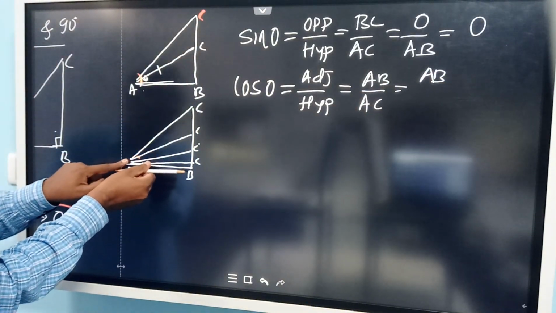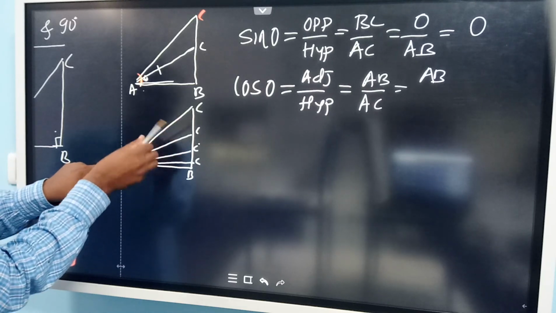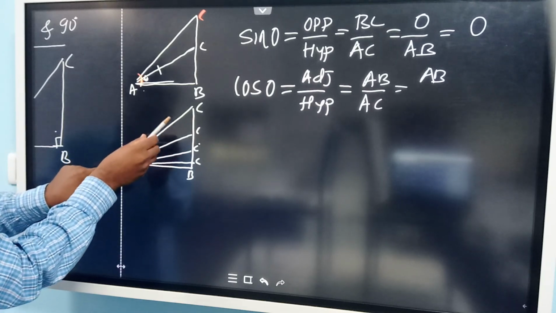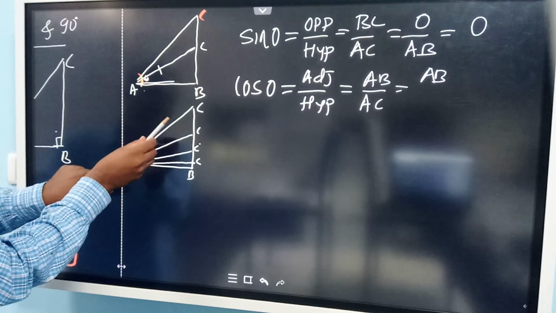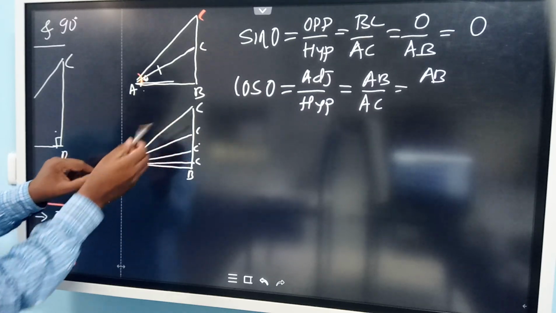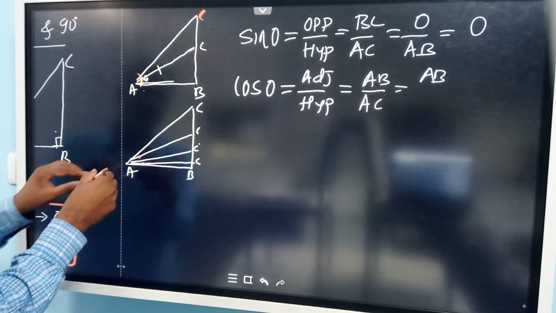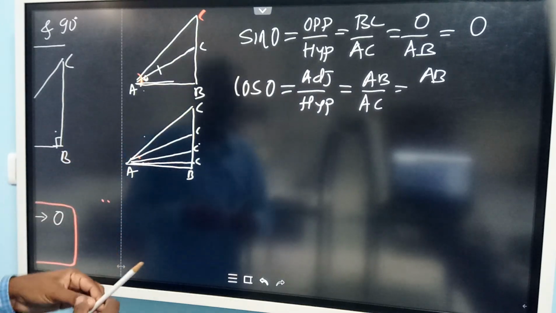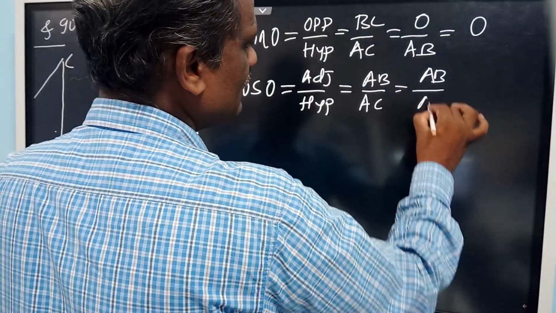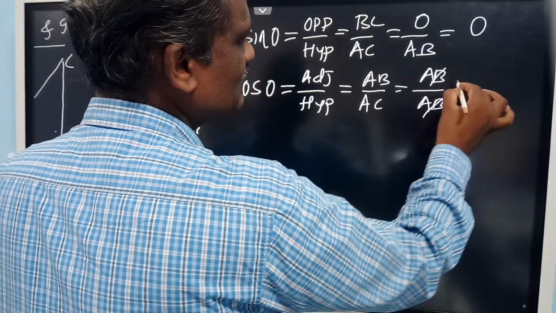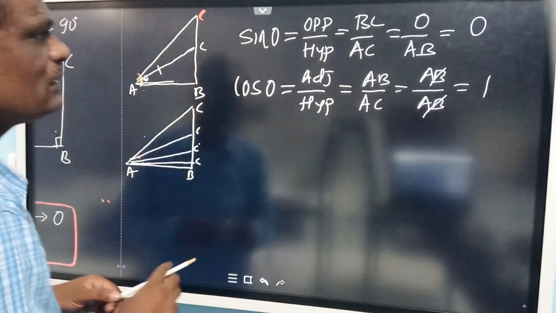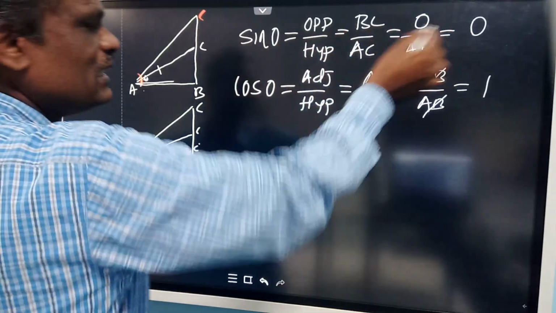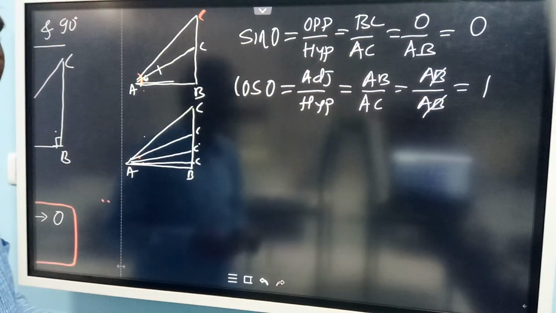But what happens to AC? When you bend this angle like this, AC will be equal to AB only. So AB and AB cancel, you will get 1. So what you got? Sin 0 is 0, cos 0 is 1.